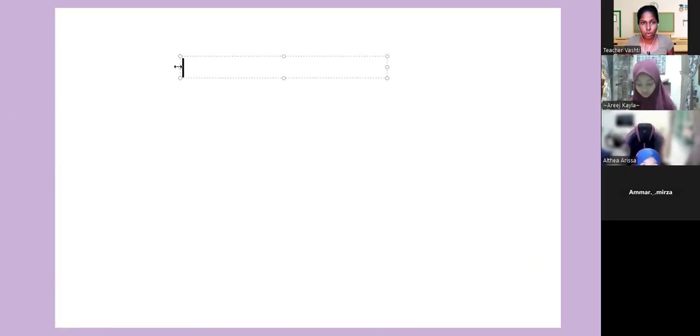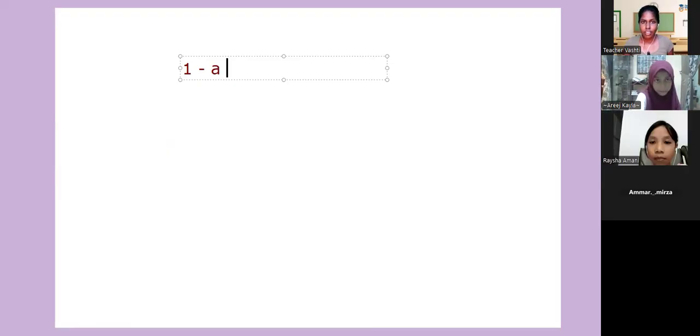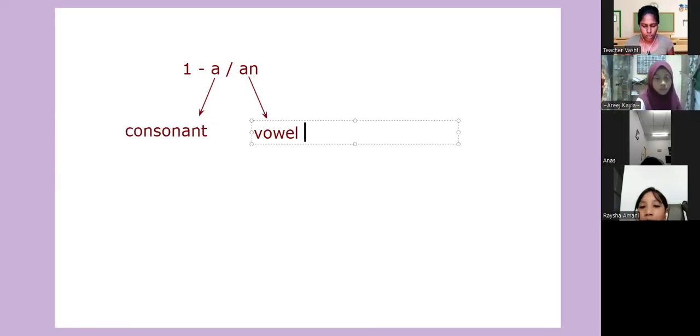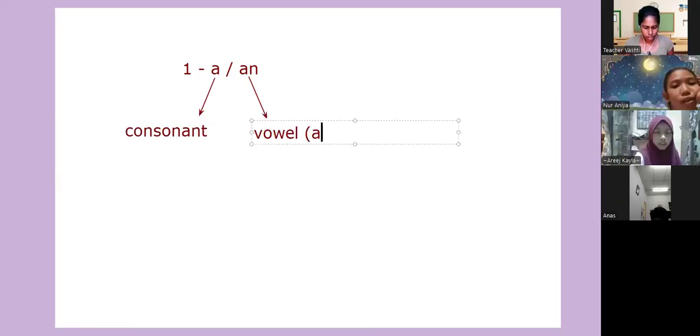Kalau ada satu, guna apa? A atau an. Bagaimana nak tahu yang mana nak guna a, yang mana nak guna an? A untuk consonant. An untuk vowel. Apa benda vowel tu?